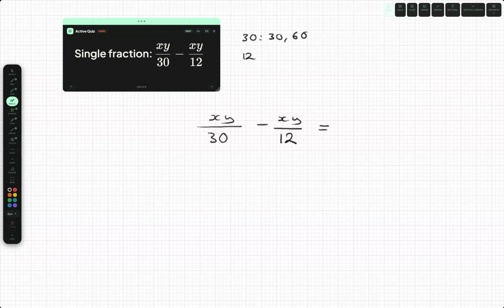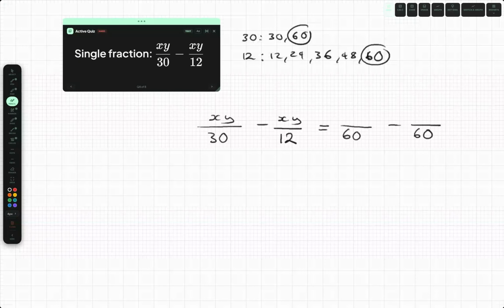And for 12, we have 12, 24, 36, 48, and then we have 60. So 60 is our lowest common multiple. We'll put that down here. Or lowest common denominator rather.